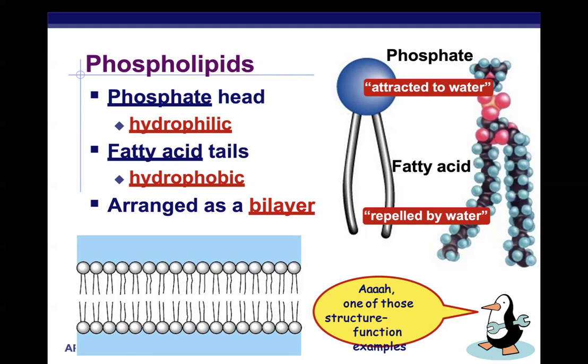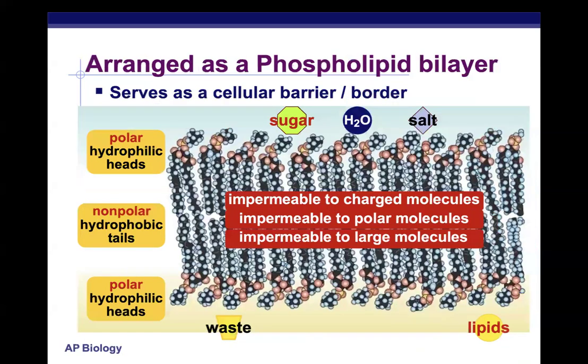That leaves the hydrophobic nonpolar tails scrunched together in the middle to avoid and repel water. Here's a picture of them arranged in a bilayer, and it labels the polar regions and the nonpolar regions.